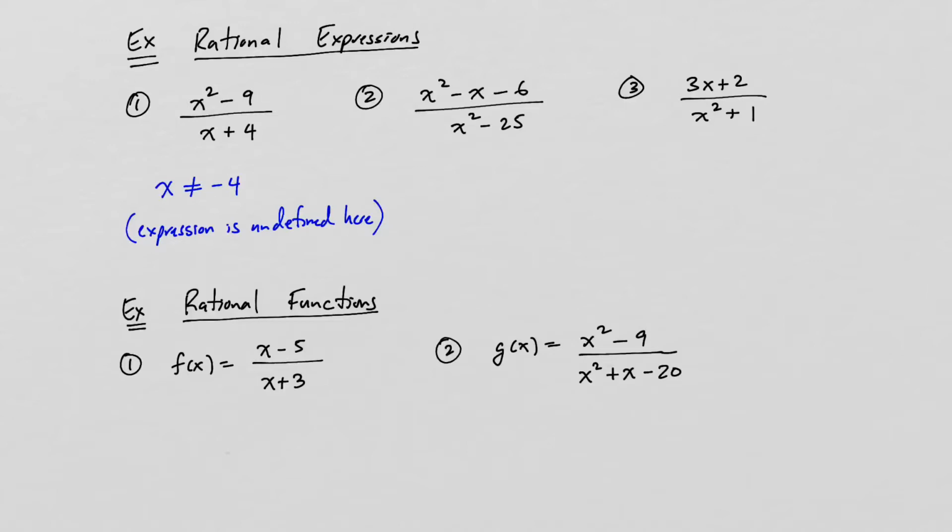And so if we go ahead and factor the denominator, x squared minus 25, which is the difference of two squares, it factors like this.